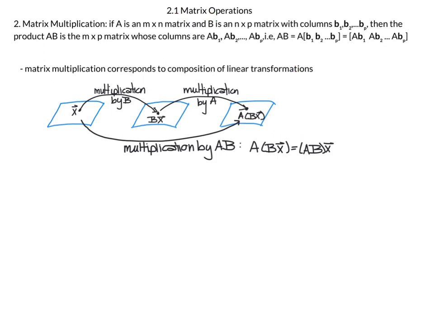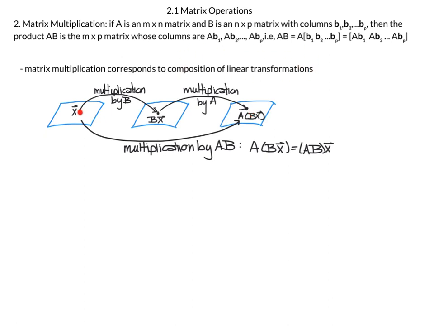So we can think of the matrix as a linear transformation, in which case we can take a vector x, multiply it by a matrix B, and we get the new vector Bx. And then we can multiply our new vector Bx by a matrix A and get the vector A times Bx. Or instead of going in 2 jumps, we can think of this as a composition of 2 linear transformations.